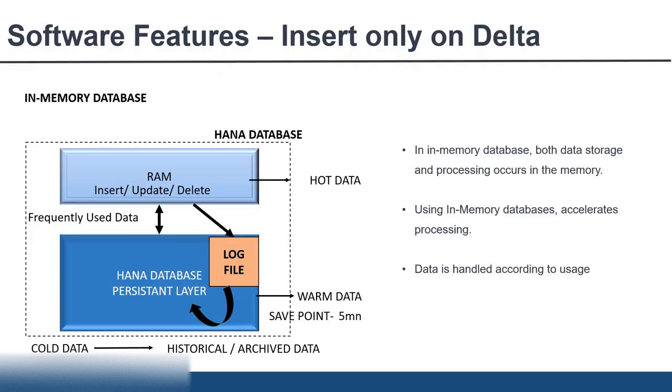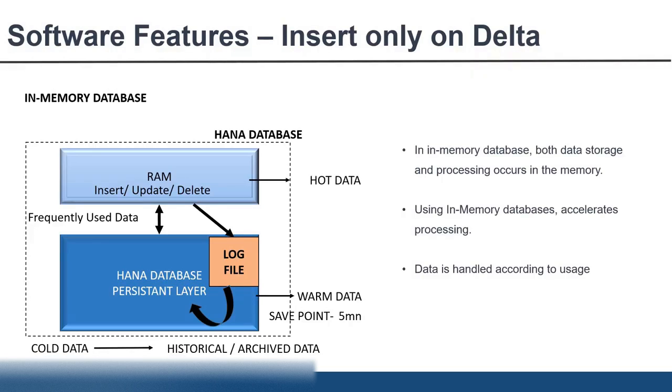Then at a definite interval, the persistent layer will read the log file, and whatever changes are recorded in the log file will actually be done in the database, and then those will be loaded again into RAM. The frequency at which the persistent layer reads the log file is called a save point. By default, the setting for save point is 5 minutes, which you can change. The basis team can change this setting as per business requirement.